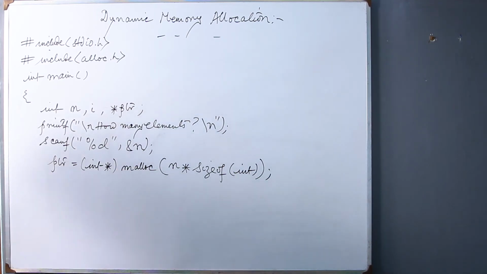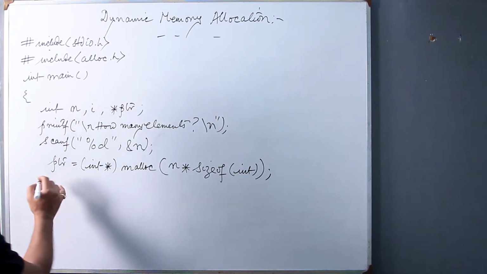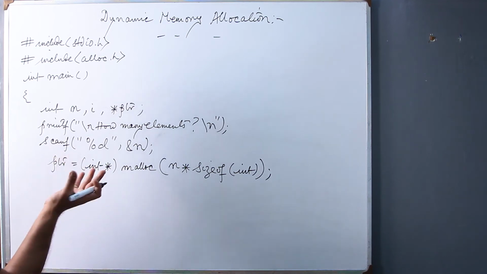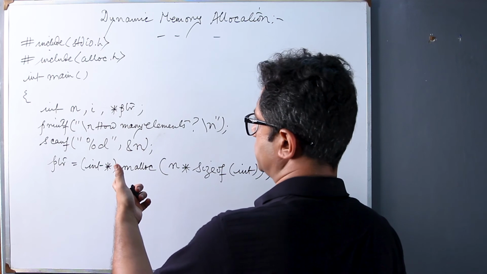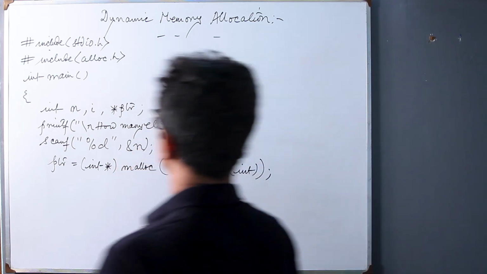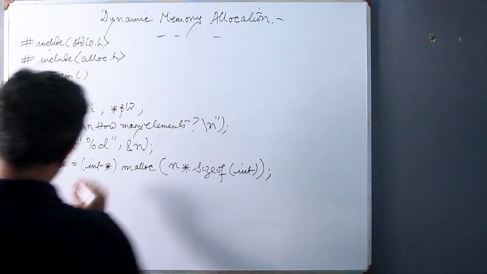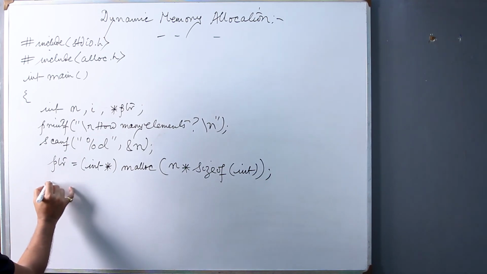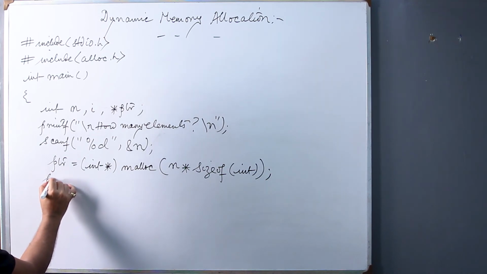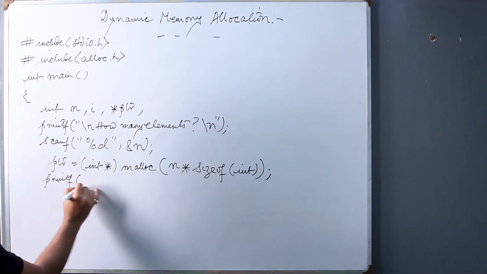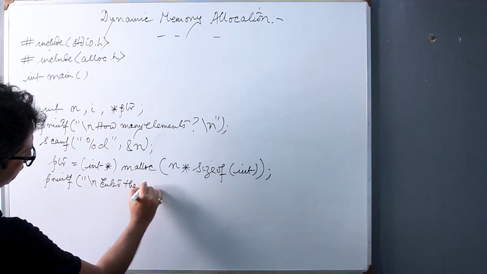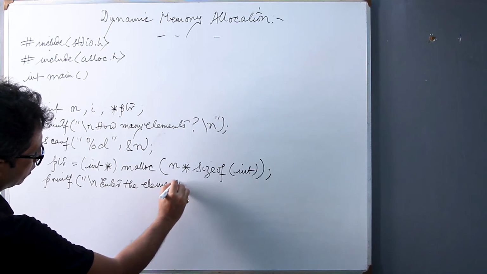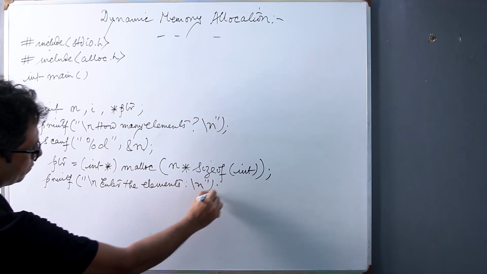Now we are going to input the values. We are going to take the elements one by one from the user and store them in the dynamically allocated memory. For that, we'll write printf("Enter the elements\n").